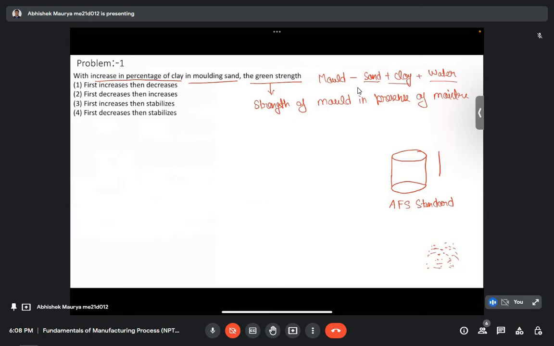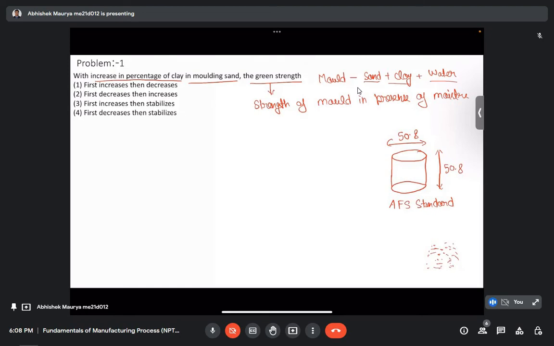So according to AFS standard, the height of this cylindrical specimen should be 50.8, as well as the diameter should also be 50.8.